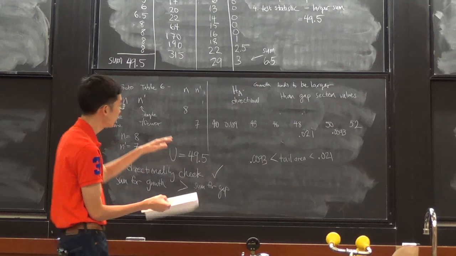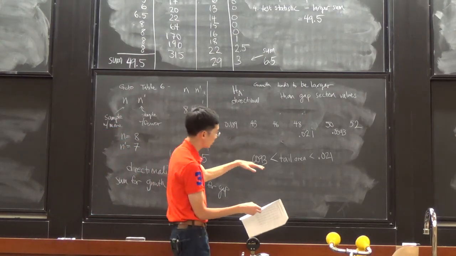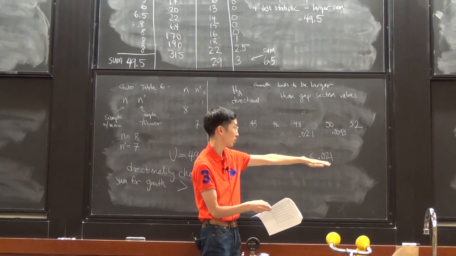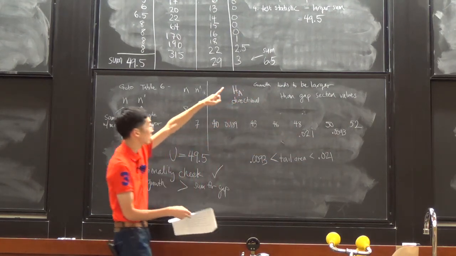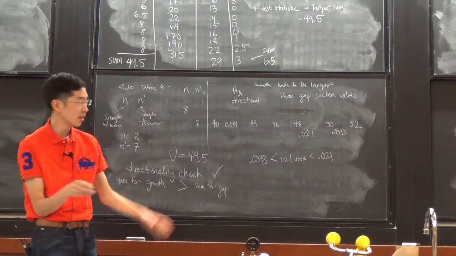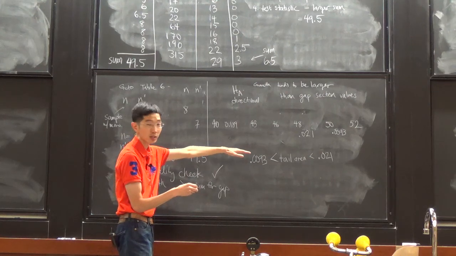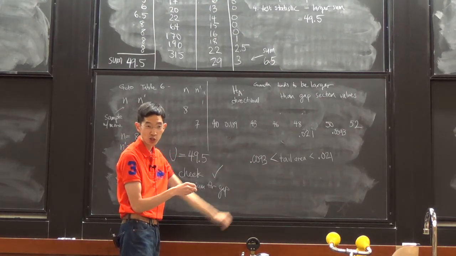So we have a directional alternative. Our tail area is between 0.0093 and 0.021 based on our test statistic 49.5. But that's for a non-directional one, so if we want a directional p-value, we have to take this and divide by 2.